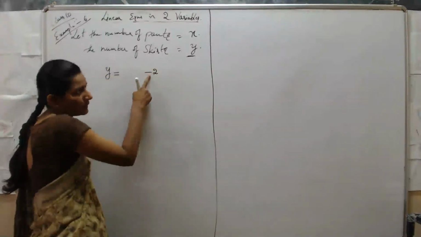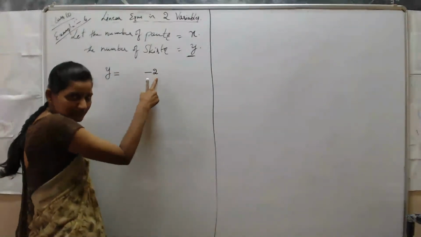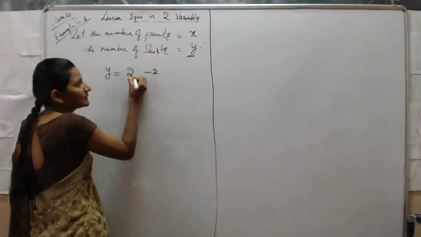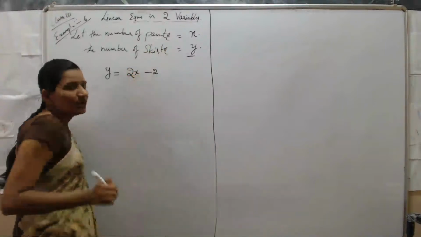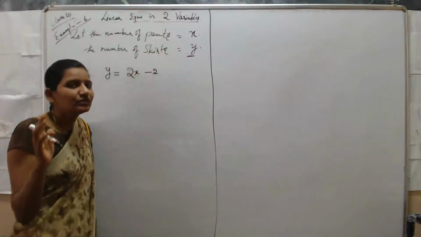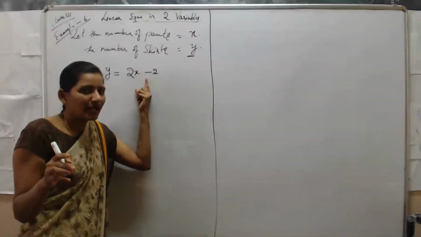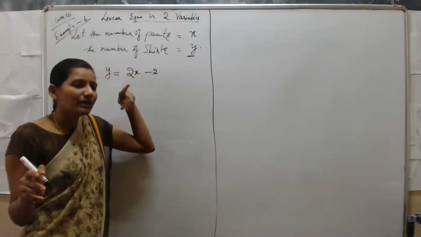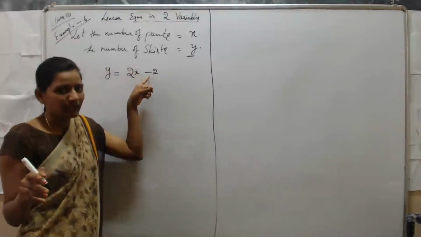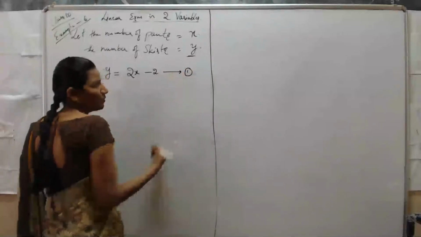Less than means you should take minus, more than means you should take plus. Twice, thrice means you should multiply. More than and less than means you should add and subtract. Got this? Take this equation as 1.